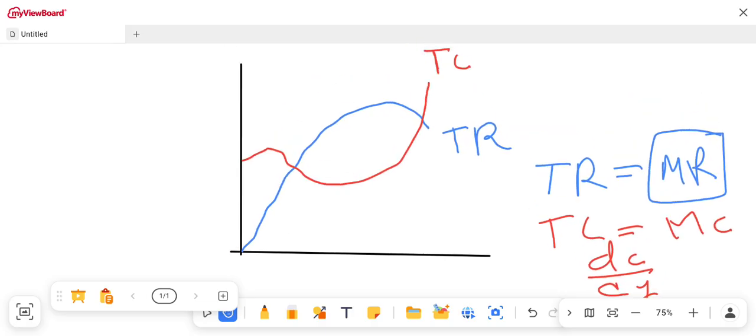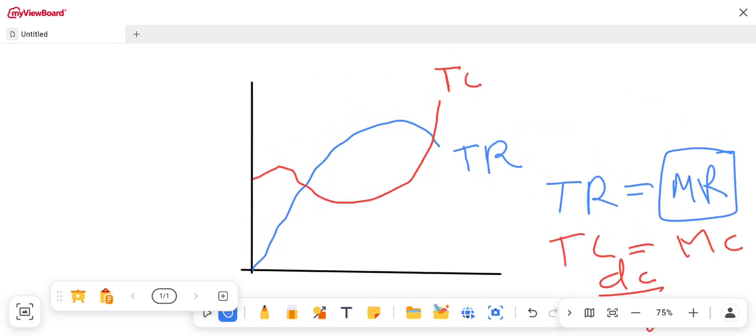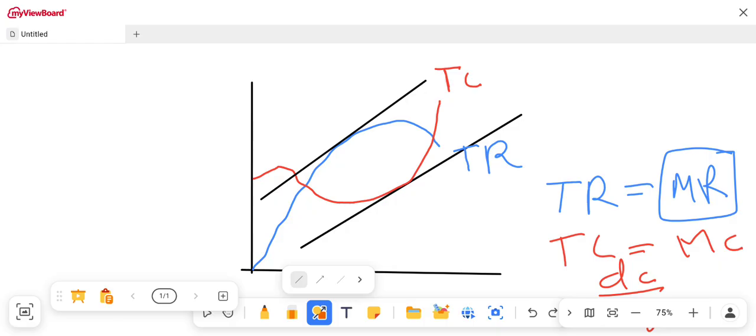Now we know that when we differentiate TR we get MR, which is the slope of TR. So we will make a line tangent to TR and TC, and what we get is marginal revenue and marginal cost.